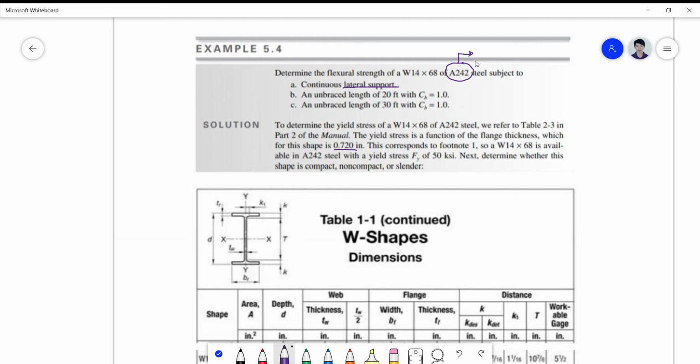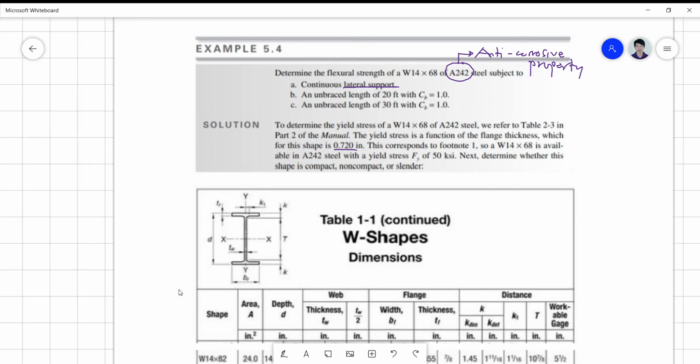So the first thing we have to take note of is to find the properties from the table.